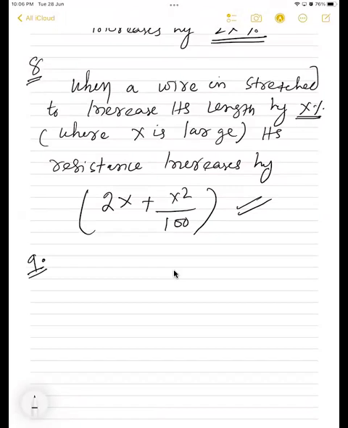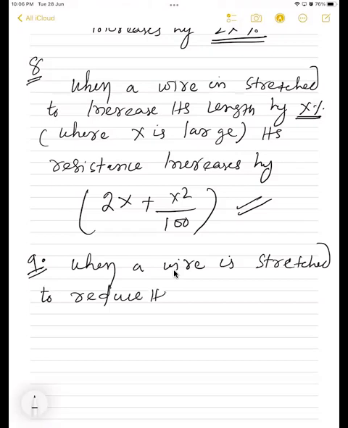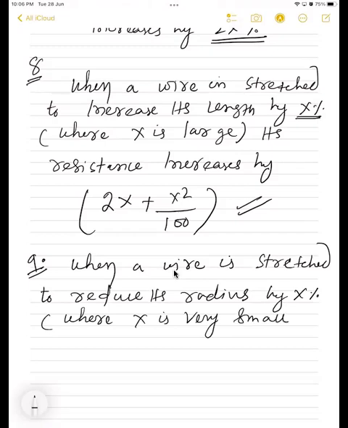Students, when a wire is stressed to reduce its radius by x%, where x is very small, its resistance increases by 4x%, right?